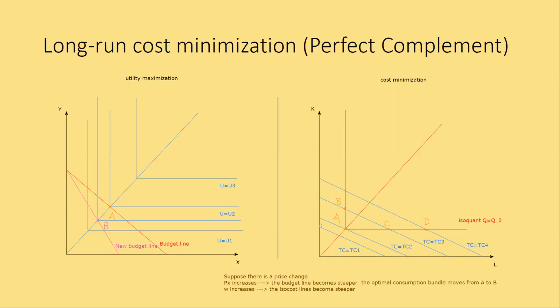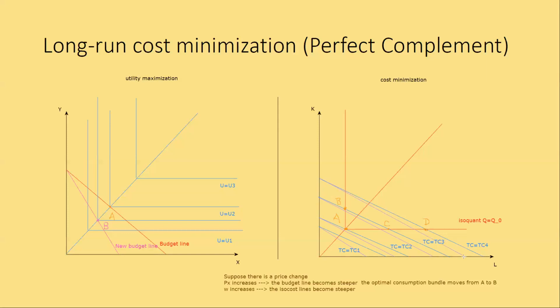So let me use the purple color. Not sure if this is better, but hopefully. So all the purple straight lines are the new isocost lines. They are parallel to each other, but they are steeper than the previous isocost lines, all right?